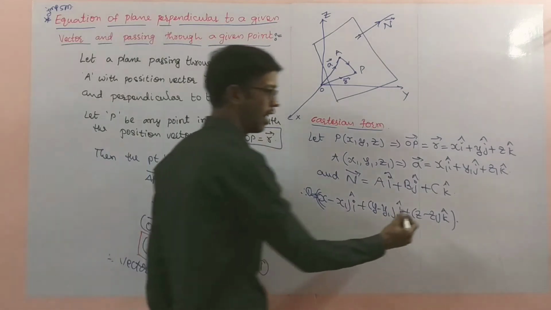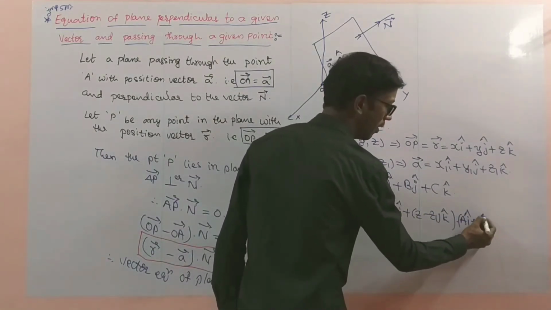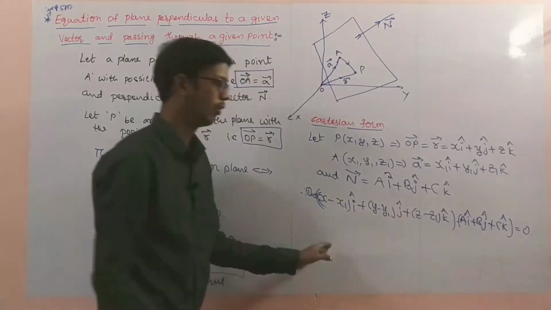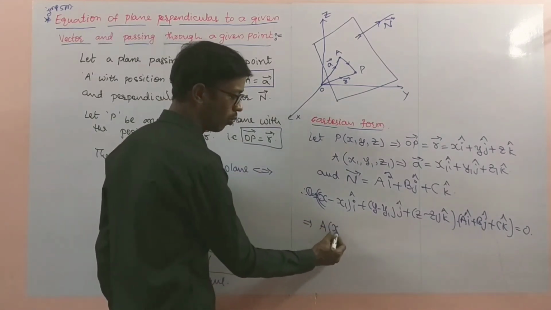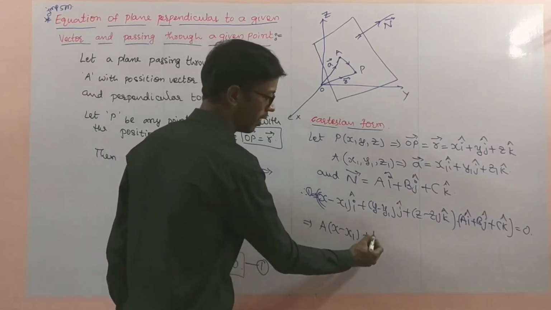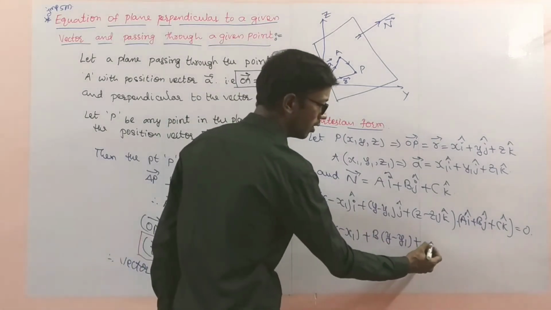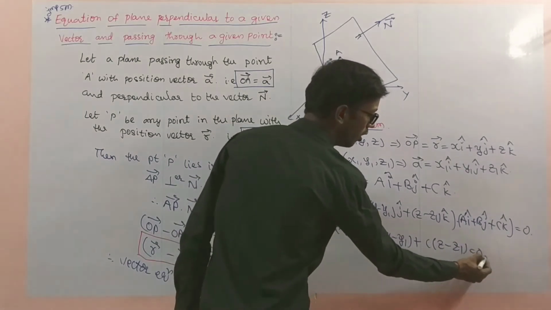N bar is A I cap, B J cap, C K cap, equal to 0. If you make the dot product, A into (X minus X1) plus B into (Y minus Y1) plus C into (Z minus Z1) equal to 0.